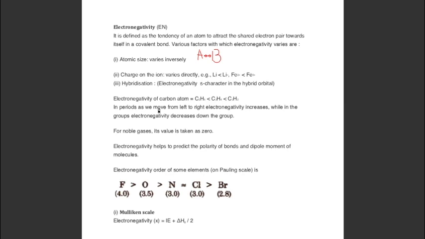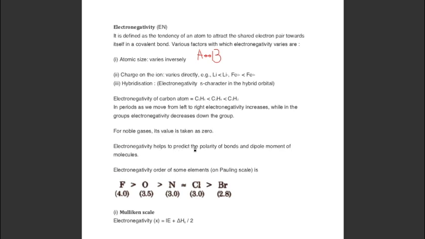In a period, as we move from left to right, electronegativity increases because size decreases. Smaller the size, more the electronegativity. While in a group, electronegativity decreases as size increases on moving from top to bottom. For noble gases, its value is taken as 0.